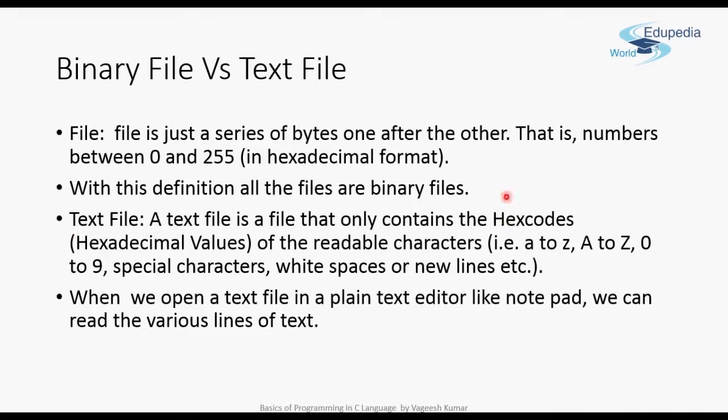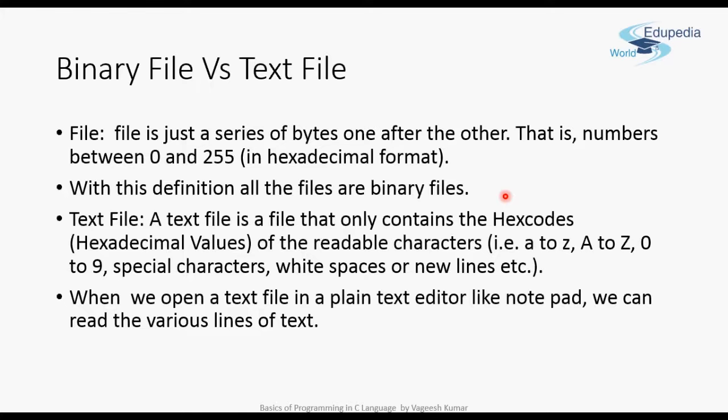So what is a text file then? Well, a text file is a file that only contains the hex codes. What is hex code? Hex code is a hexadecimal representation of a number. So when you read about the binary number system or Boolean algebra, you will read about various number systems. One is the decimal number system that we use in our daily practice.